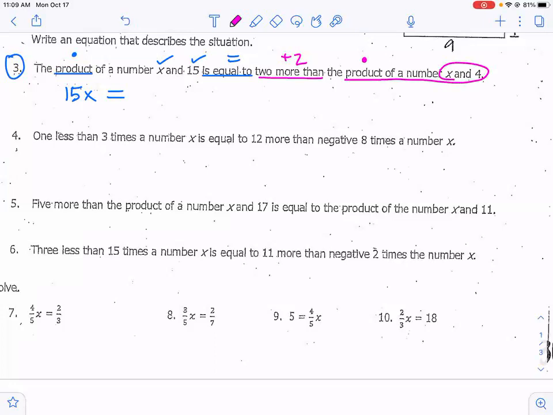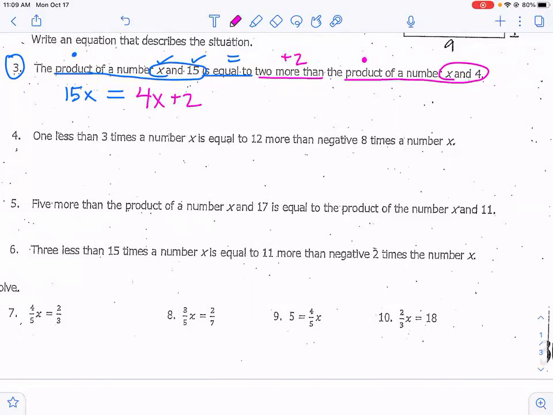Okay. And I'm gonna do that over here. Okay, so two more than the product of a number X and 4. So I'm gonna write 4 times X plus 2. Two more than 4 times X.